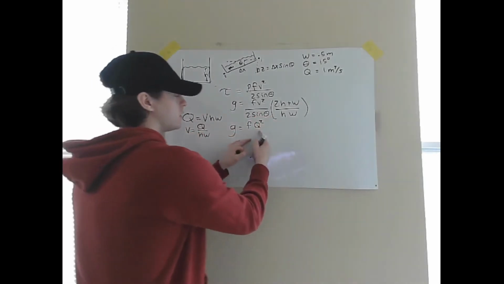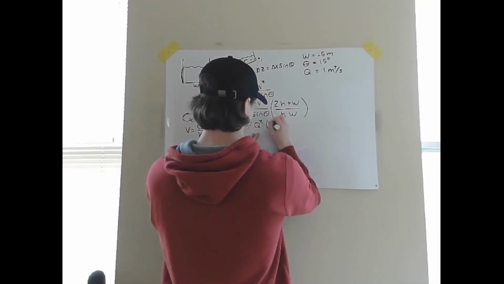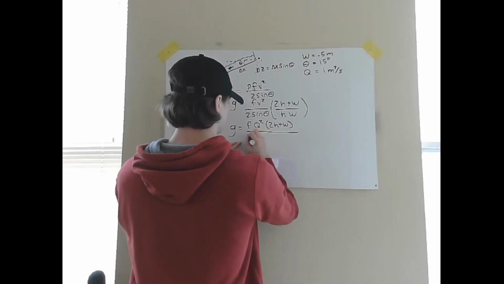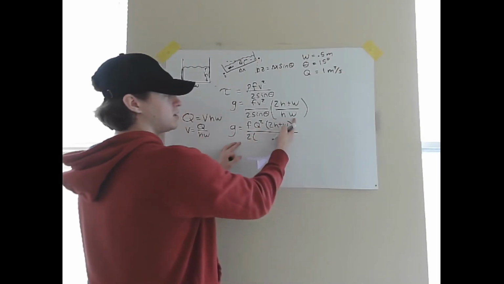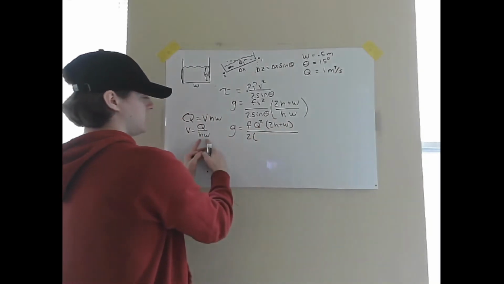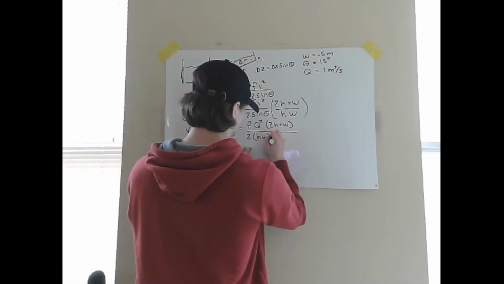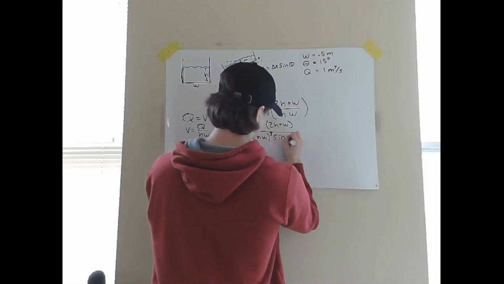So it's going to give Q squared in the numerator times 2 times h plus w, divided by 2 times, well, we already have an h times w in the denominator, and then we're dividing by h times w squared, so this becomes h times w cubed times sine of theta.